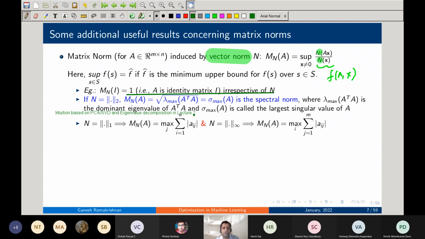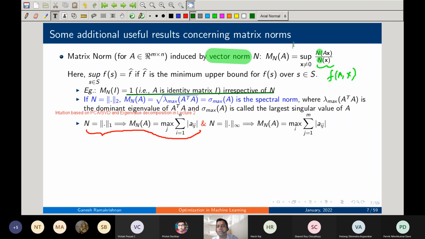The next one is when we have the one norm or the infinity norm. What happens? That's interesting. Let's look at the one on the left, the one norm, and I'll explain in simple plain English what must be happening here. When you have the one norm, the first thing we need to understand is what N(Ax) is doing. Let me give a more generic statement, which I should have done earlier.